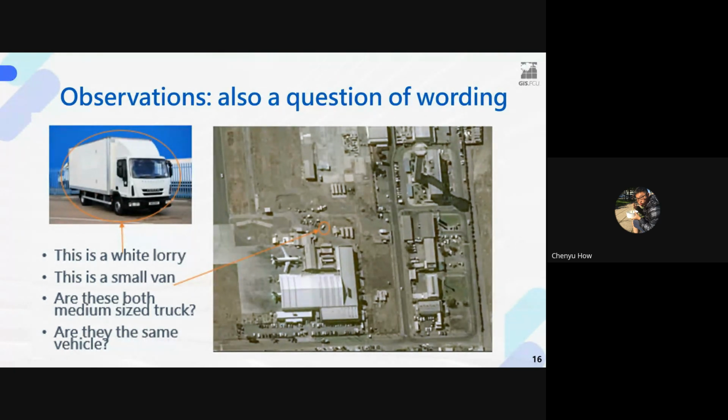So how to determine these two objects are the same object becomes a very tough issue, right? And how to discern the size of the object in different images can also be challenging.